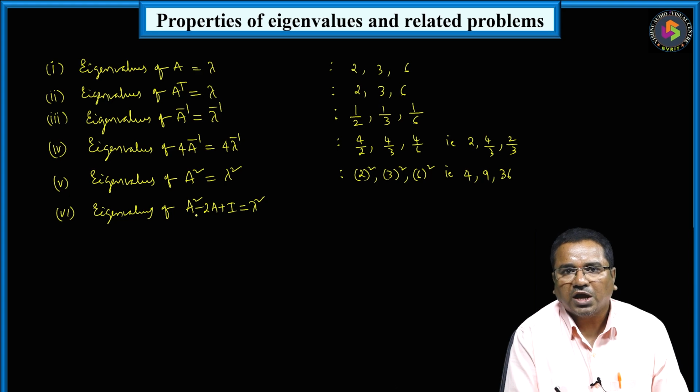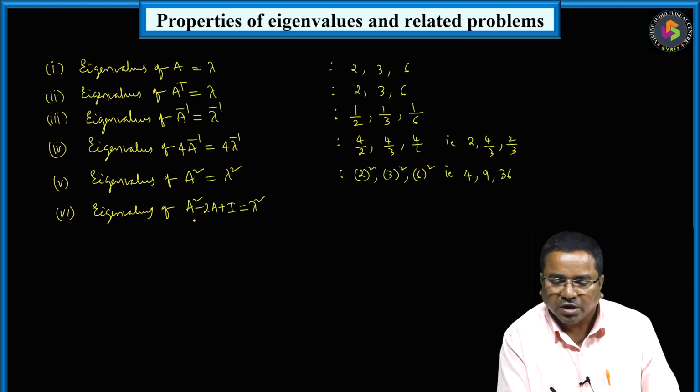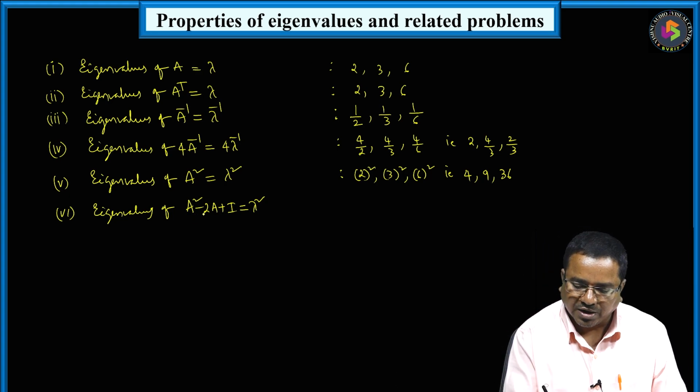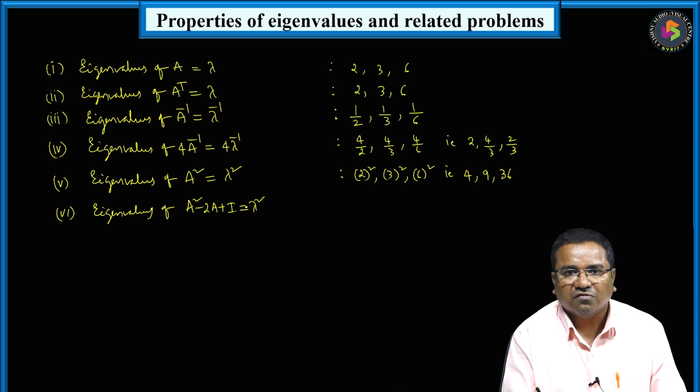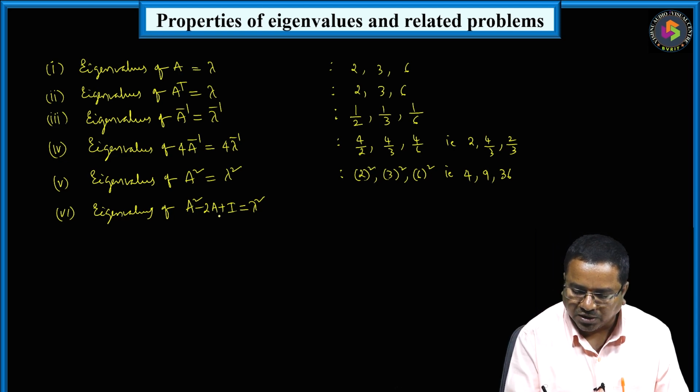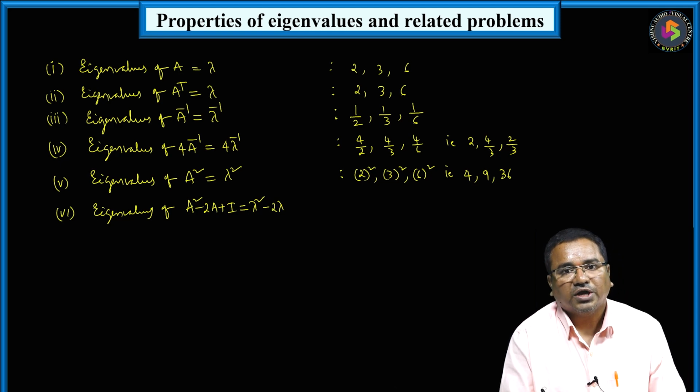Lambda power k is an eigenvalue of A power k. So by using that property, lambda square is an eigenvalue of A square. Then how to get the eigenvalue of 2A? If you know lambda is an eigenvalue of A, then k lambda is an eigenvalue of kA. By using this property, 2 lambda is an eigenvalue of 2A.